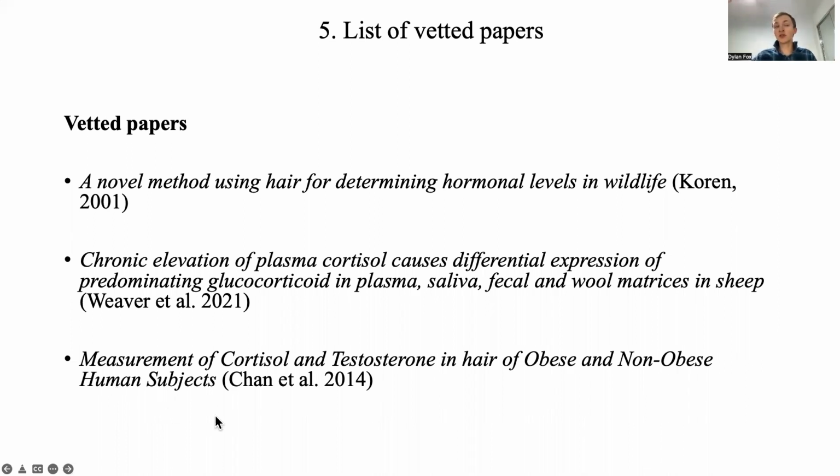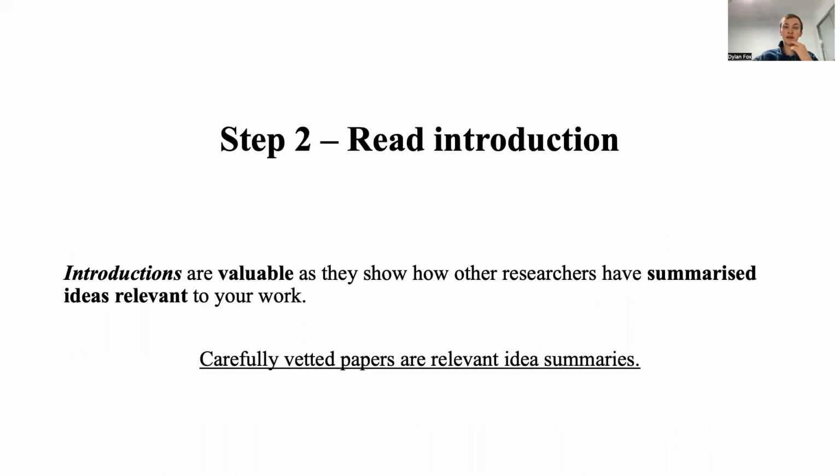So this is interesting. It's not necessarily animal production, animal related, wildlife related. It's more human, but I dare say there's still going to be some interesting things in there, and at the worst case, I can definitely look at their methodology. So how they were assessing these hormones and how they were processing their hair samples.